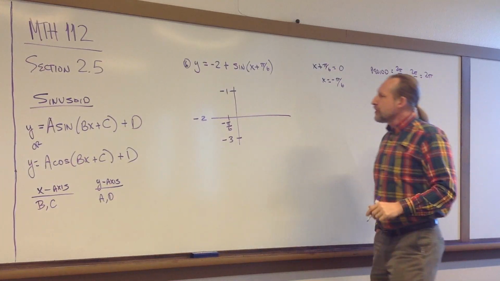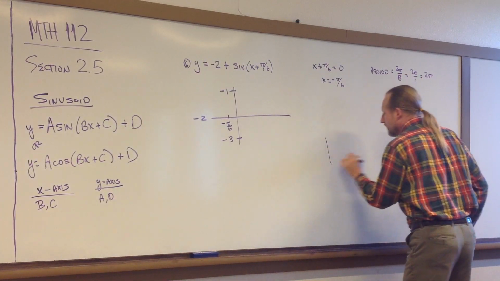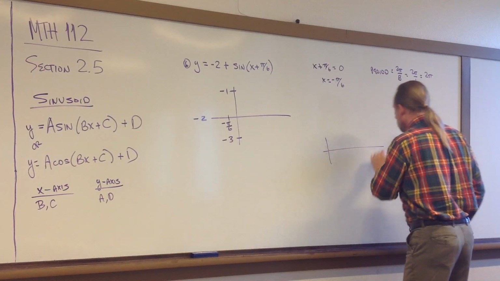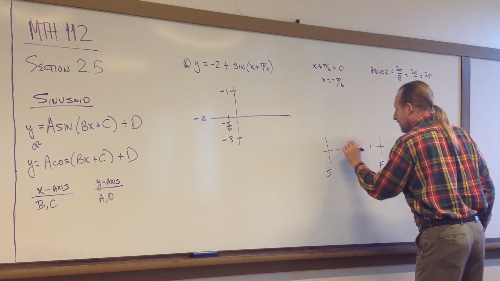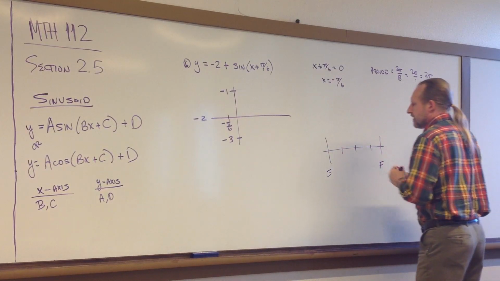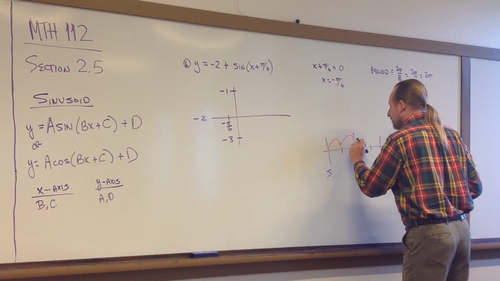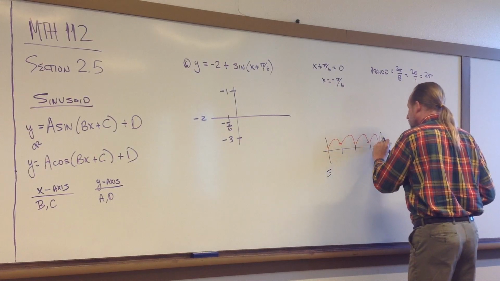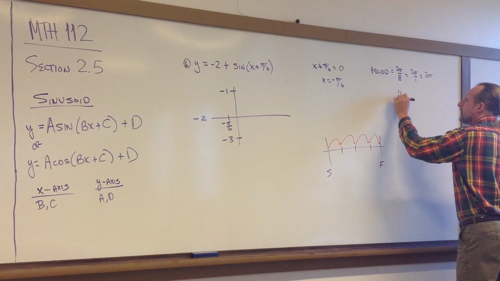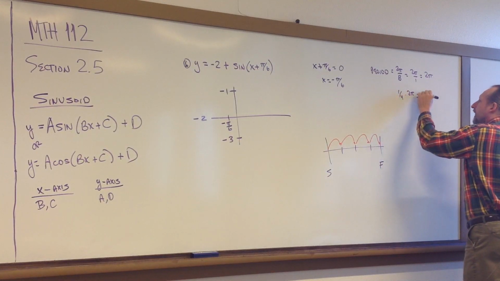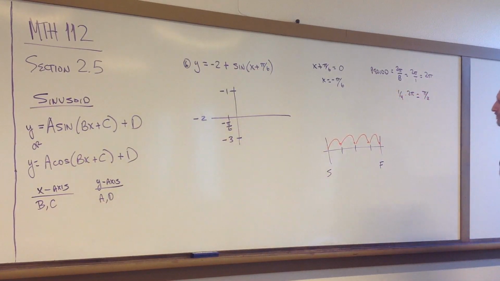Now each of these jumps, I don't want to draw it on here yet because I'm not sure what it's going to look like, but if this is where we start and this is where we finish, then each of these 4 jumps that produce the 5 critical values is 1/4 of the period. So 1/4 of 2pi, again, that's pi/2.